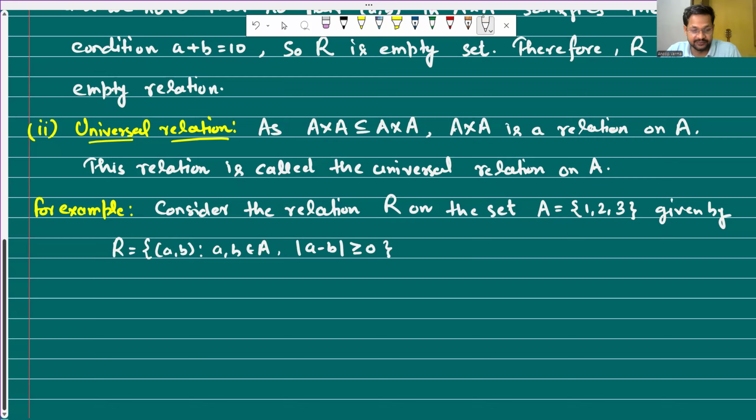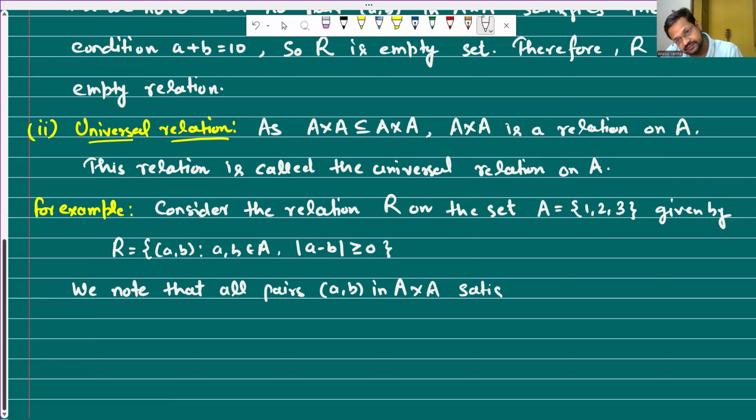So you can just write here, we note that all pairs (a, b) in A cross A satisfy this condition, modulus of a minus b is greater than or equal to 0.